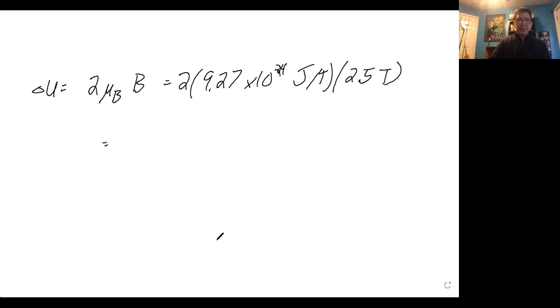And so you plug those numbers in, you get 4.6 times 10 to the negative 23 joules.